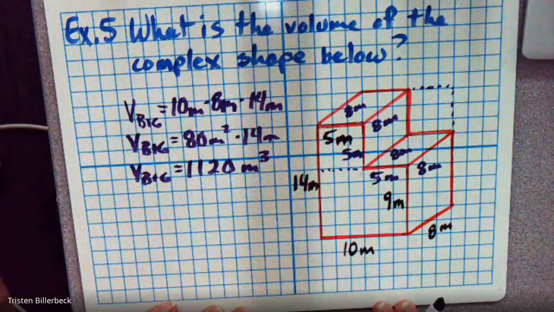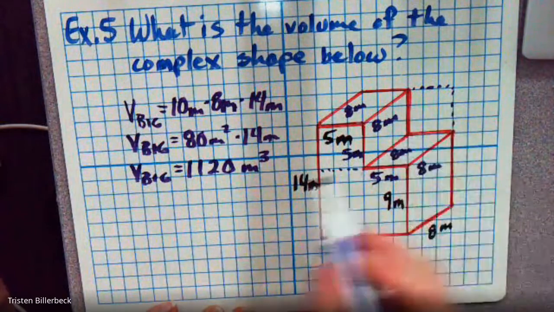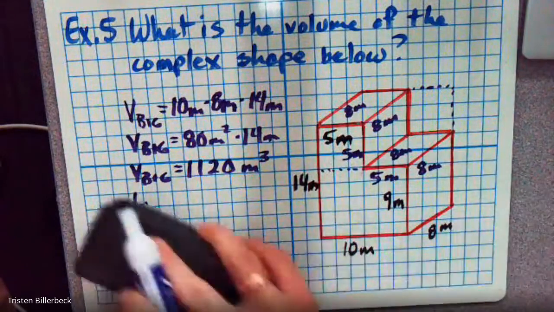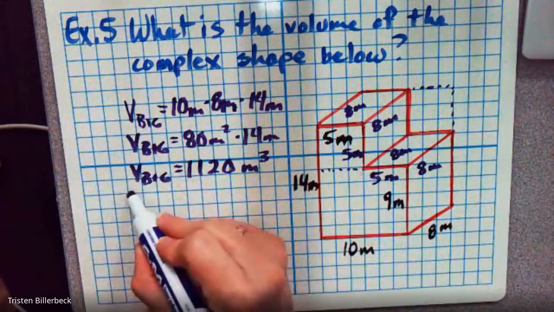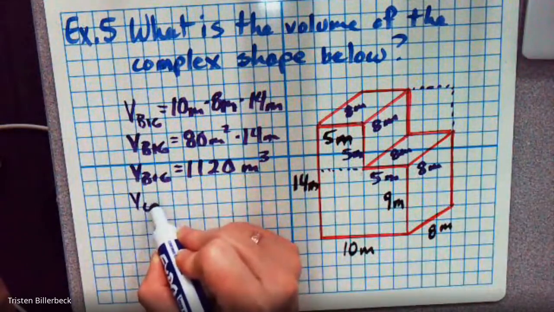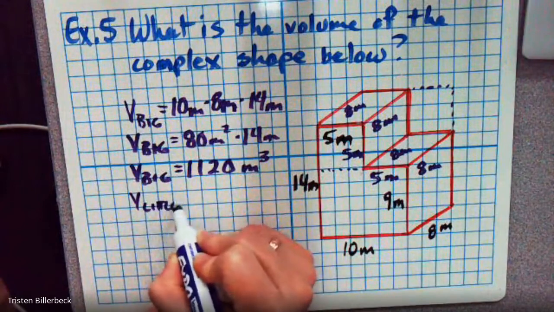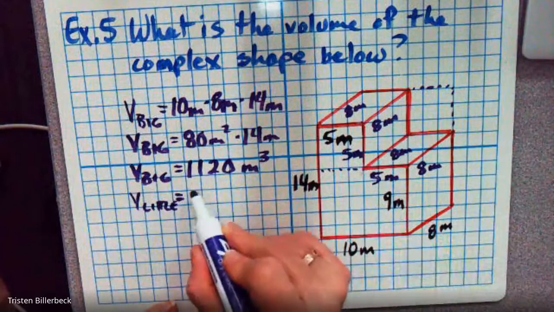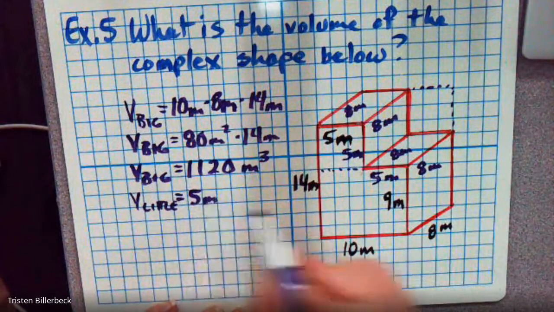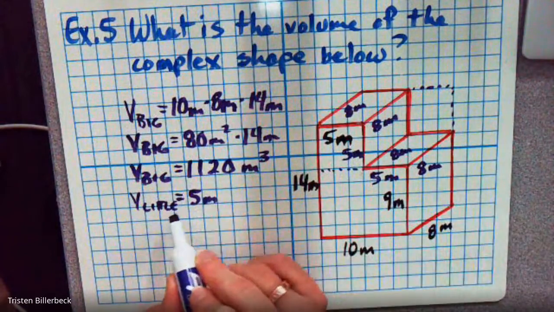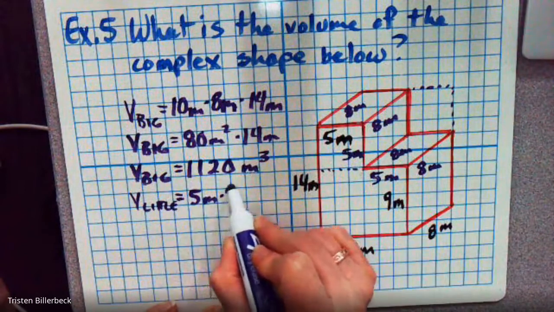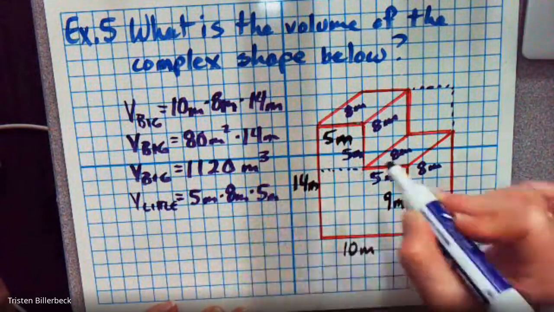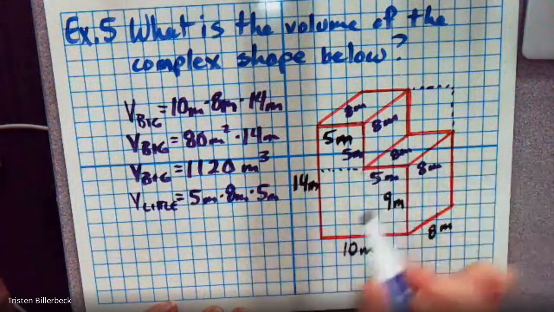for the big one. Now let's look at this little one that we are taking out, volume little. Okay, so that one we have 5 meters times 8 meters times 5 meters for the height right here.